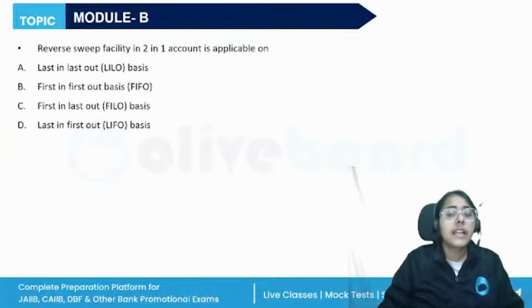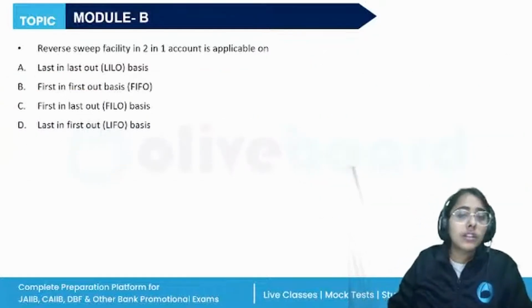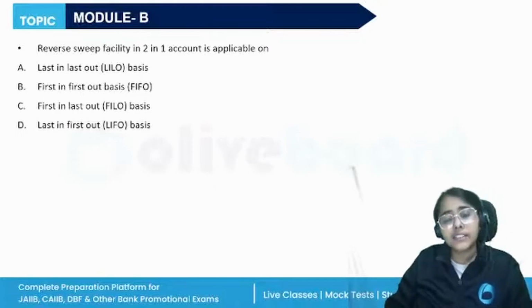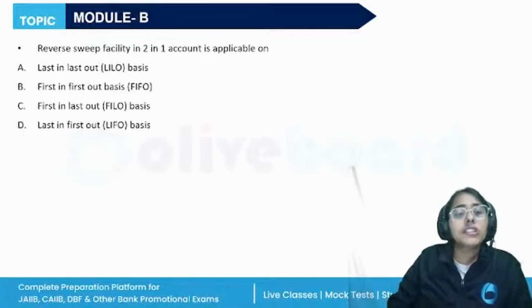All right. Then we have another type of account, which is the two-in-one account, which offers features of both savings account as well as a fixed deposit. So there are two types of facilities: the auto sweep facility and the reverse sweep facility. The question asks us, the reverse sweep facility is applicable on last in first out basis, first in first out basis, first in last out basis, or last in first out basis.